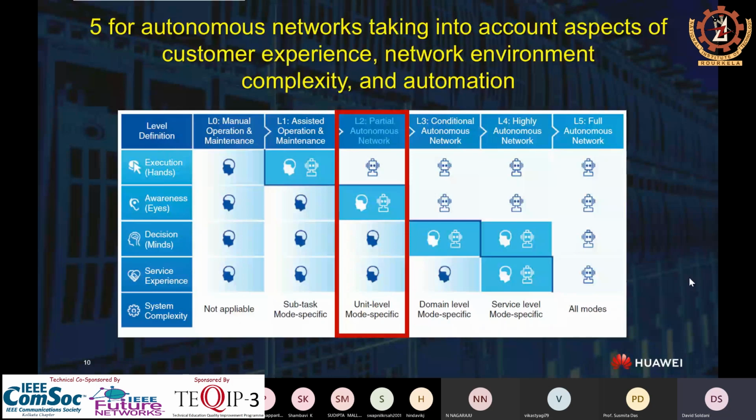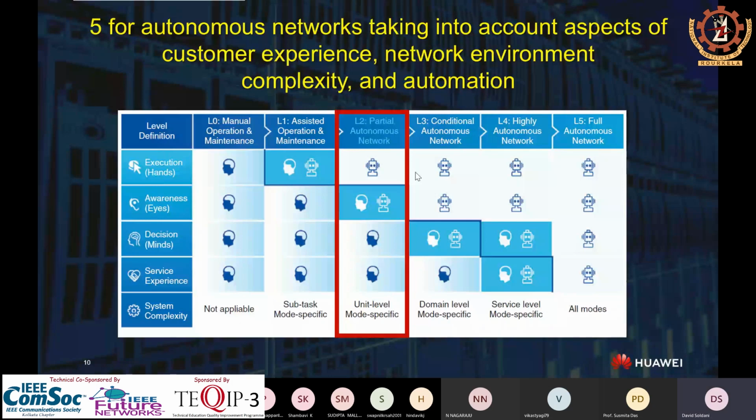So we have 5 levels of autonomous realization of the system. And we may think of starting from here, for example. So those levels we need to apply now, like we have done for autonomous driving. We would like to apply the same concept. Like you may think of driving your system, your mobile communication system.